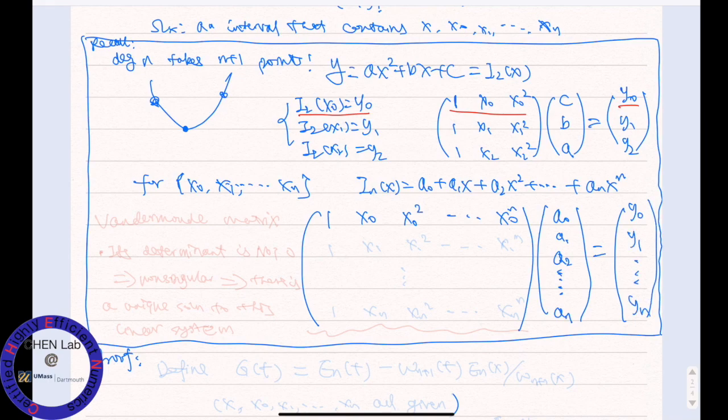And we continue writing: 1, x1, x1 squared, x1 to the n, and 1, xn, xn squared, all the way to xn to the n. Right, let's review. So yes, that's a so-called Vandermonde matrix.